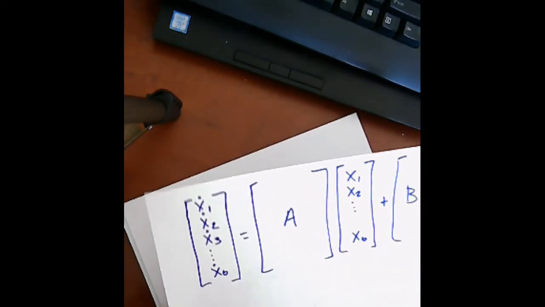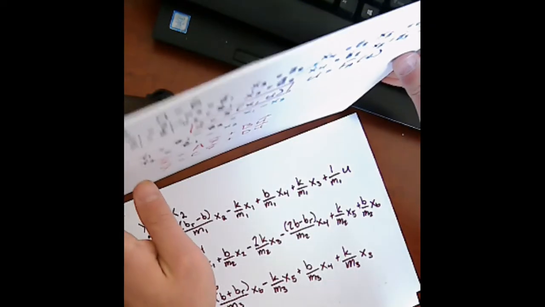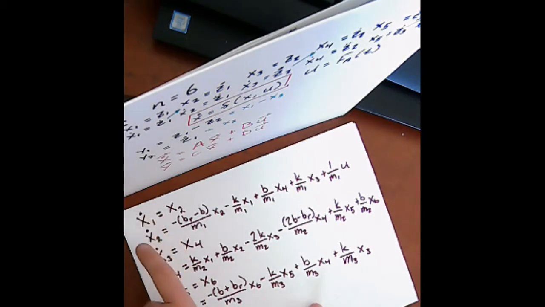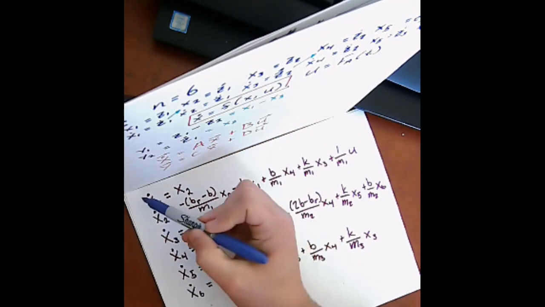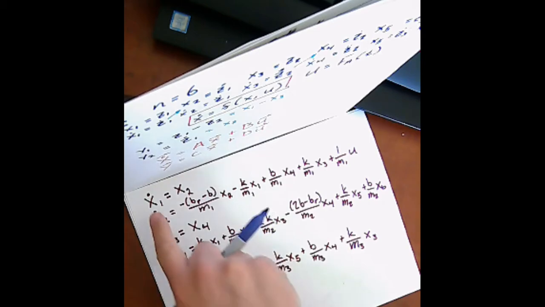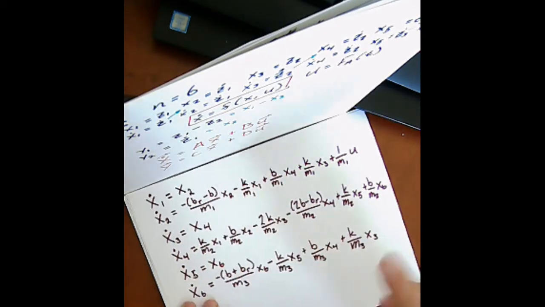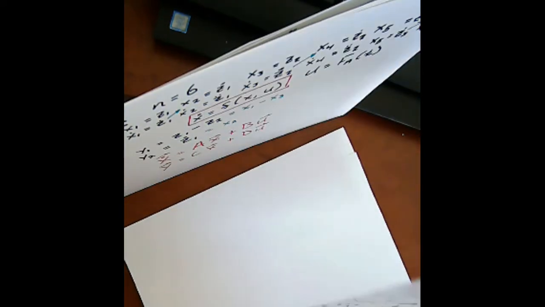This is what we're trying to take from these equations and turn into this. If I were to draw the brackets around here, that would just be my x dot, and the rest of these are linear combinations.